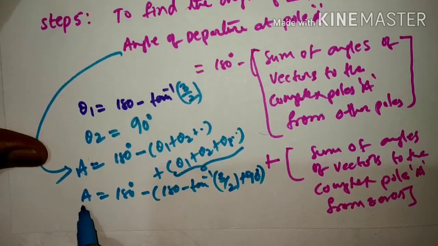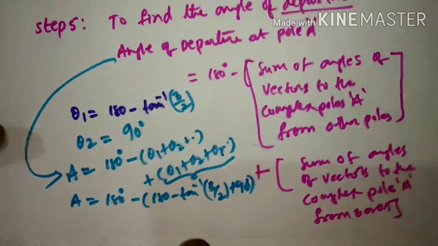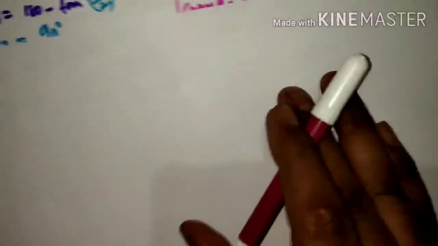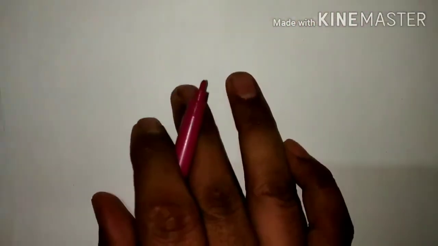So we have to find A, which is 180 minus (180 minus tan inverse 3 by 2 plus 90 degrees). That is what we are going to find. So how are we going to find it? I will tell you here.